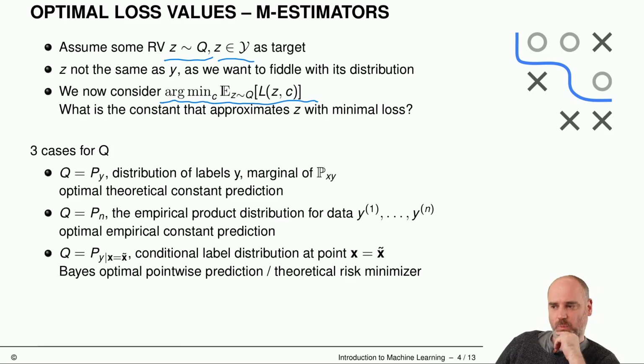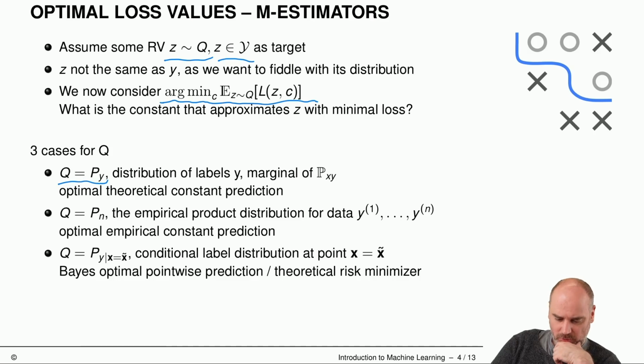And what I want you in a few minutes to consider for this distribution Q are three interesting scenarios. One scenario is that Q is simply the distribution of our labels, the marginal distribution of y of our data generating process.